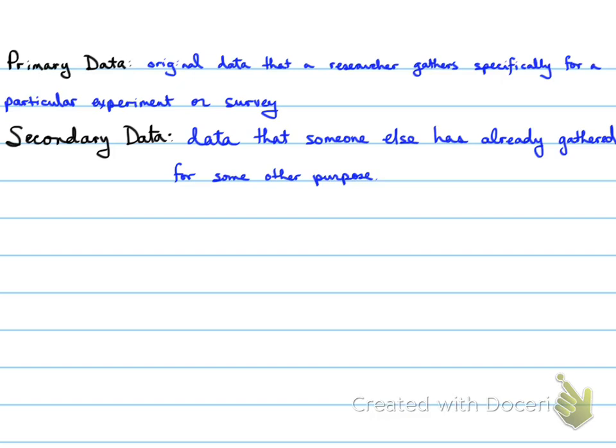So, for example, Stats Canada. Every 5 years, a Canadian resident is supposed to fill out a survey. So, a census. The census is then recorded by Stats Canada. Stats Canada is secondary data that's been recorded and released to the public. From that, any data researcher, any data miner could go in and look at that information off of Stats Canada.